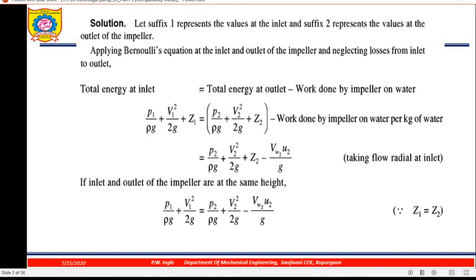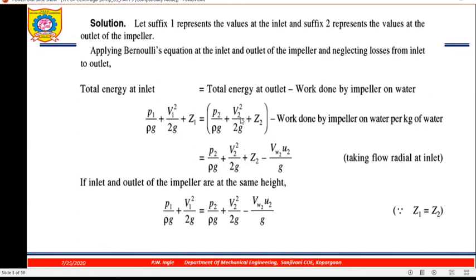Let suffix 1 represent the values at inlet and suffix 2 represent values at outlet. Applying Bernoulli's equation at inlet and outlet of the impeller, total energy at inlet, P1 by rho g plus V1 square by 2g plus Z1, equals total energy at outlet minus work done by impeller on water.